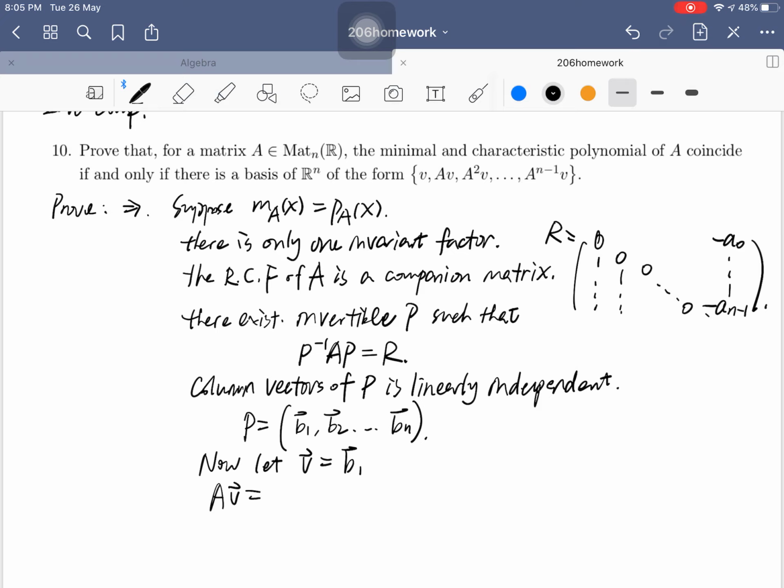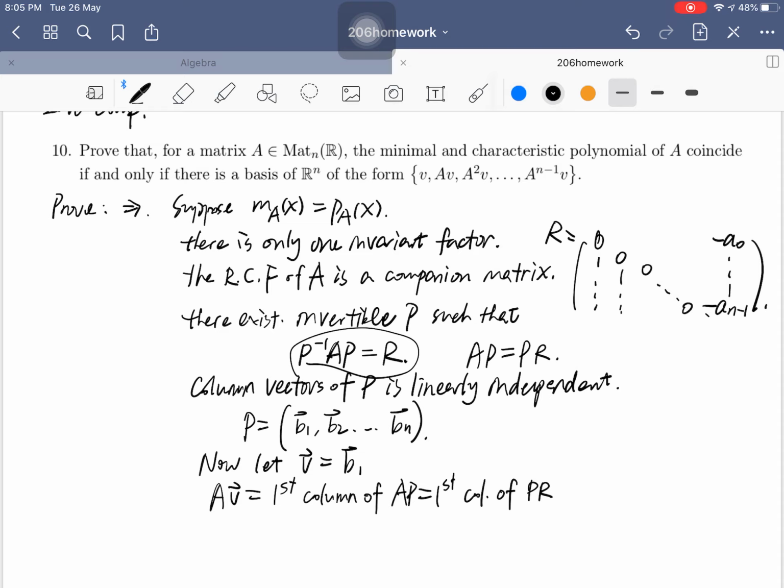Av is the first column of AP, and since A is similar to R, AP equals PR. So this is also the first column of PR.